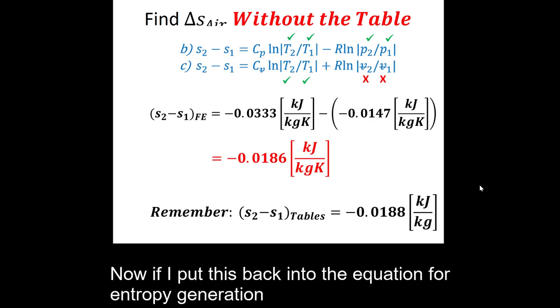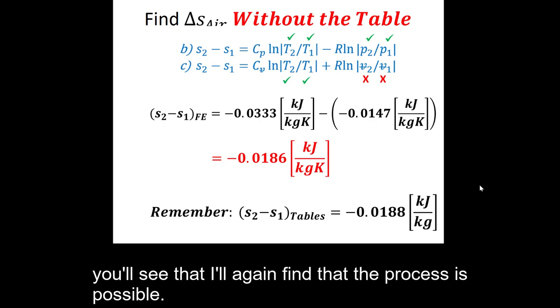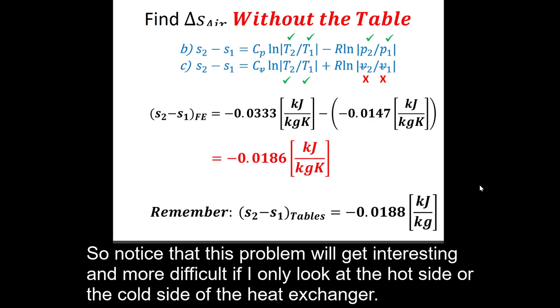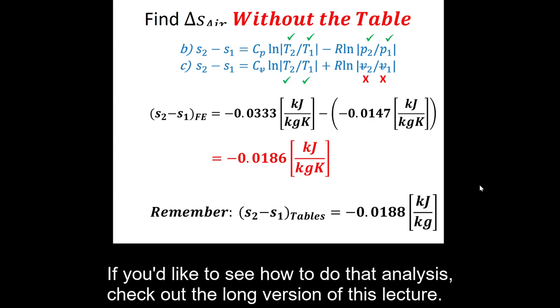Now, if I put this back into the equation for entropy generation, you'll see that I'll again find that the process is possible. So notice that this problem will get interesting and more difficult if I only look at the hot side or the cold side of the heat exchanger. If you'd like to see how to do that analysis, check out the long version of this lecture.